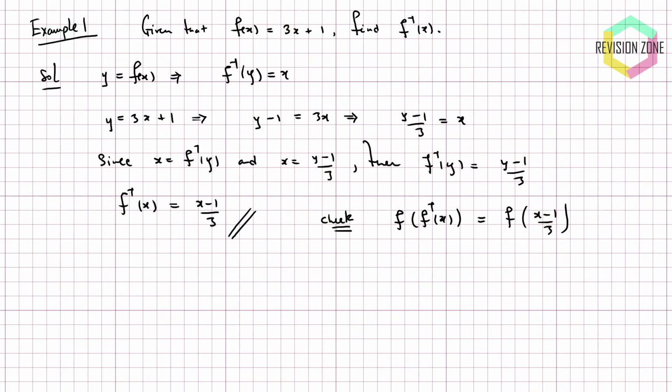So f is going to triple all of my input, which is x minus 1 over 3, and then add 1. When I do this, the 3 in the numerator and the 3 in the denominator cancel, so I end up with x minus 1, and then plus 1 just gives me x. And we know that's the right answer because this is exactly what we proved must be the case in fact 6. Okay, so we've managed to do this.